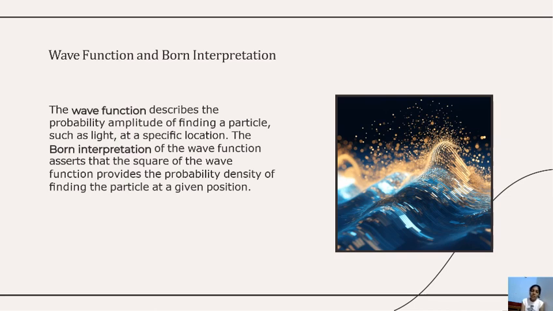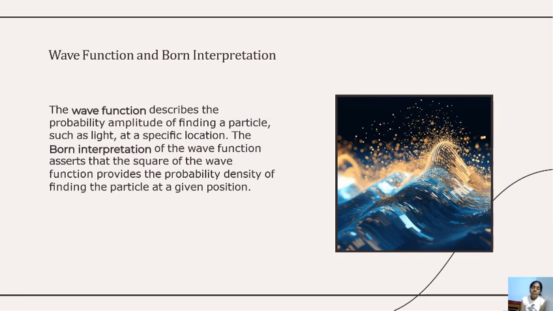The wave function describes the probability amplitude of finding a particle, such as light, at a specific location. The Born interpretation of the wave function states that the square of the wave function provides the probability density of finding the particle at a given position.